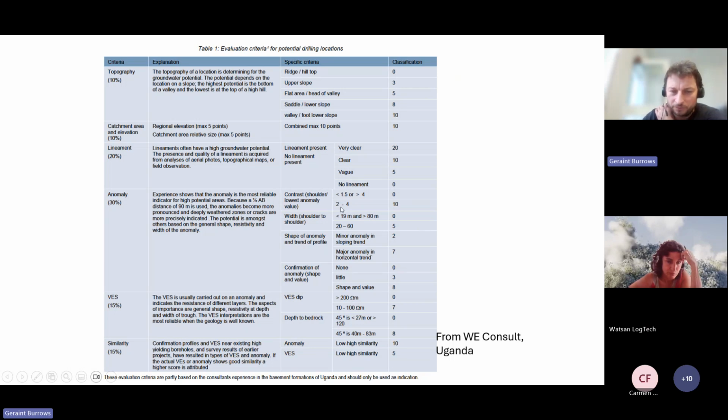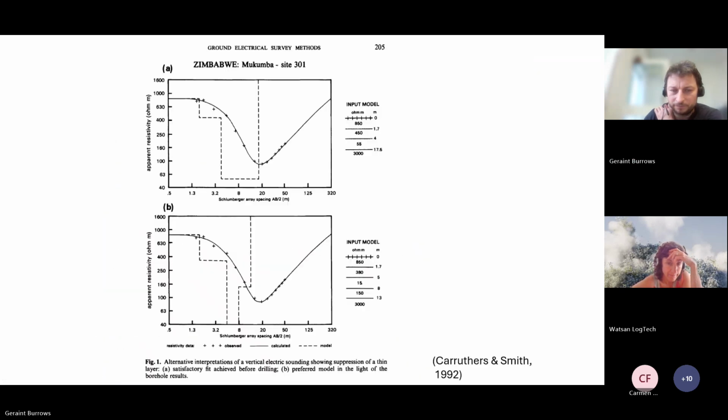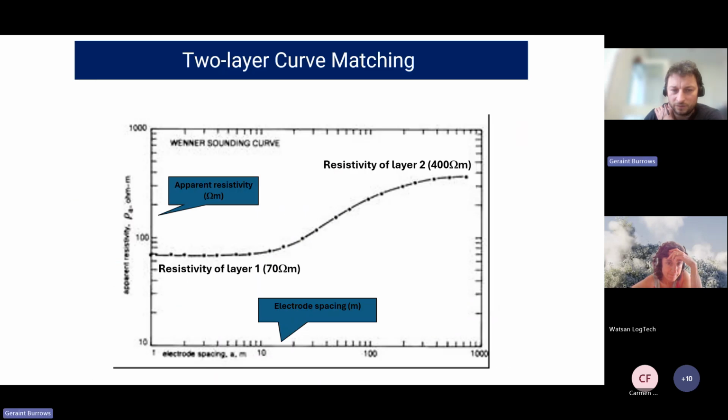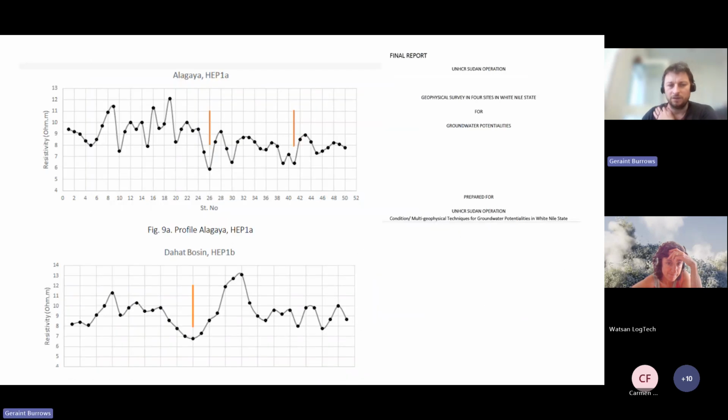So, for example, if the contrast between the shoulder and the lowest anomaly is less than 1.5 or greater than 4, then it's not likely to be a very useful anomaly. But if it's between 2 and 4, then it's probably of interest. Does that make sense? That's the contrast between this anomaly here and the background.